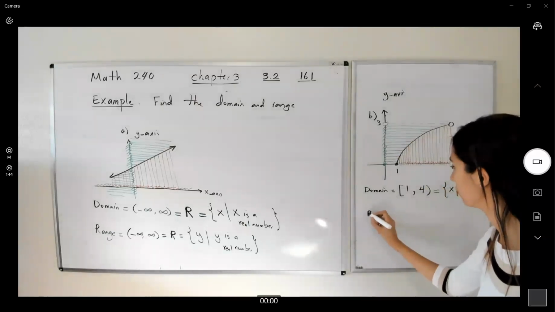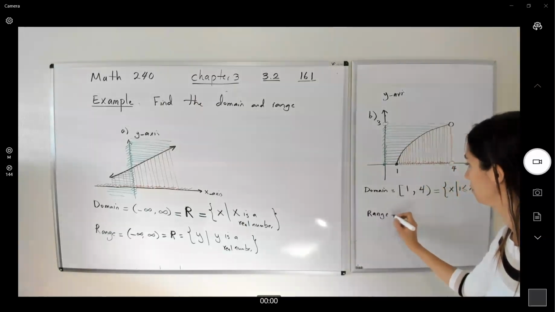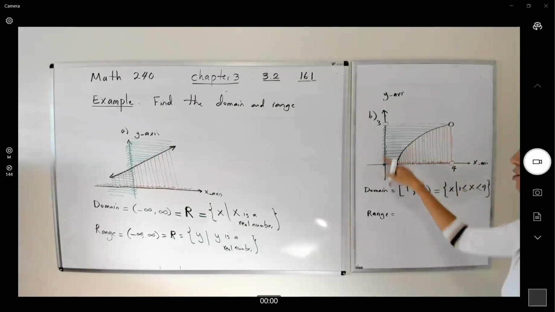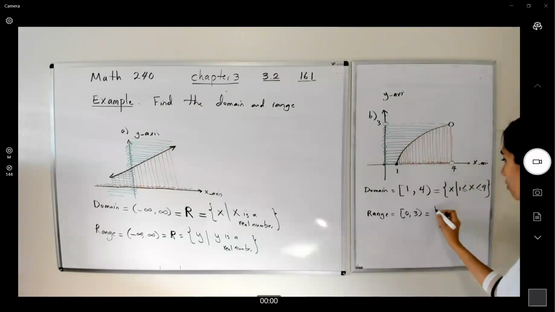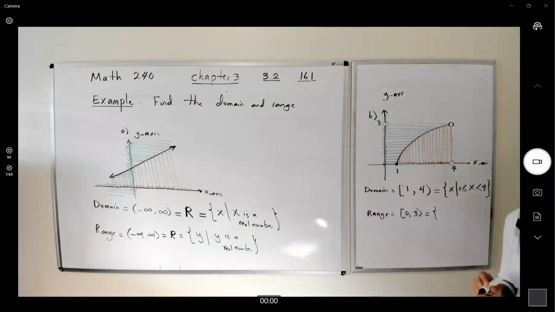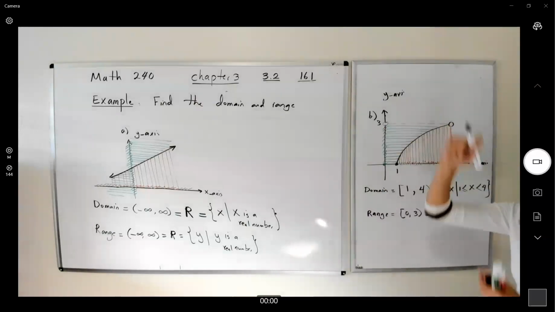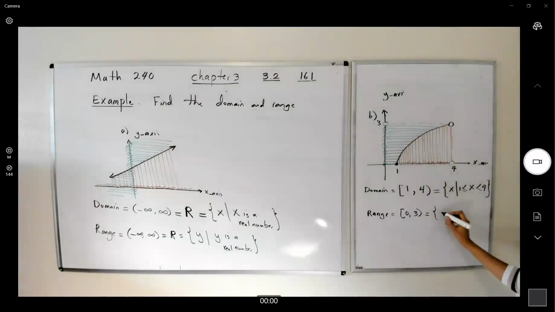So the range of the function is 0. It starts at 0 and stops at 3. 0 to 3. Or you can represent this. Note that for y-axis we use a different variable y such that y is in between 0 and 3 is not included here.